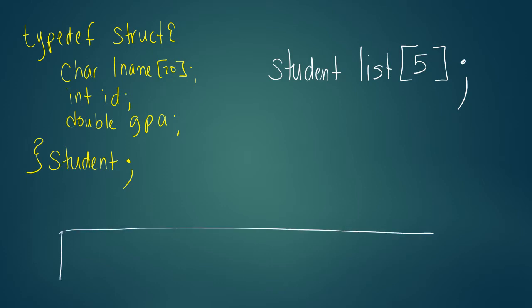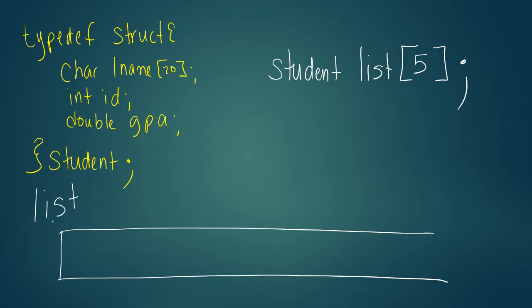So, what does this picture look like? Well, this would be my list, which is of data type student. This would be list index 0, 1, 2, 3, and 4.